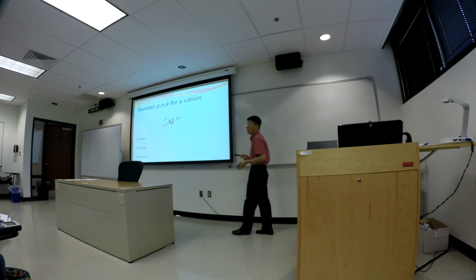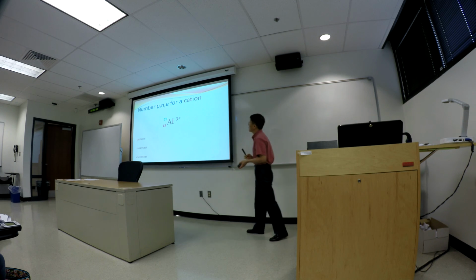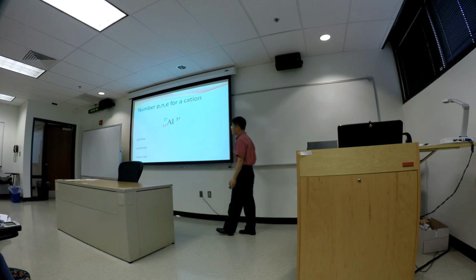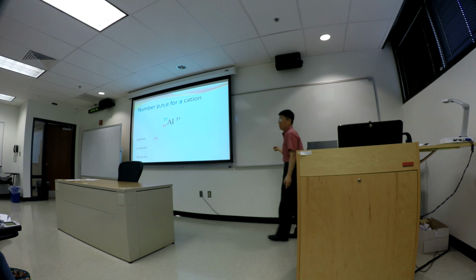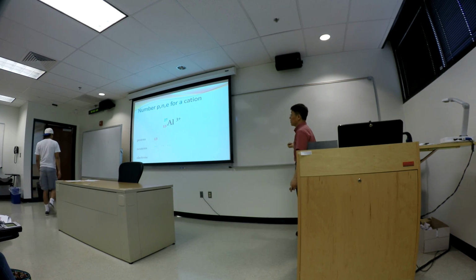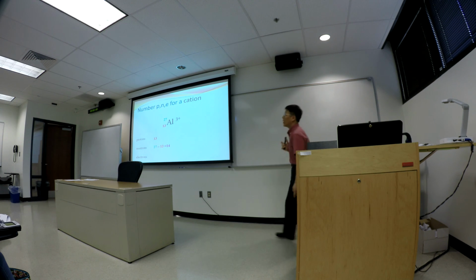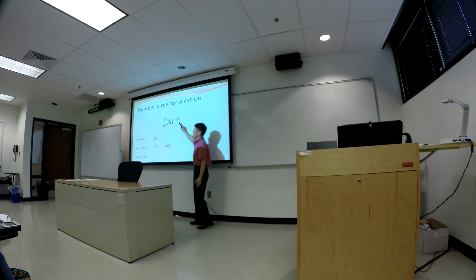What happens to the cation then? Aluminum-27, with atomic number 13, 3 plus. Number of protons, 13. Number of neutrons, 14. Number of electrons? We have to understand what this means. 3 plus means you lost 3 electrons.